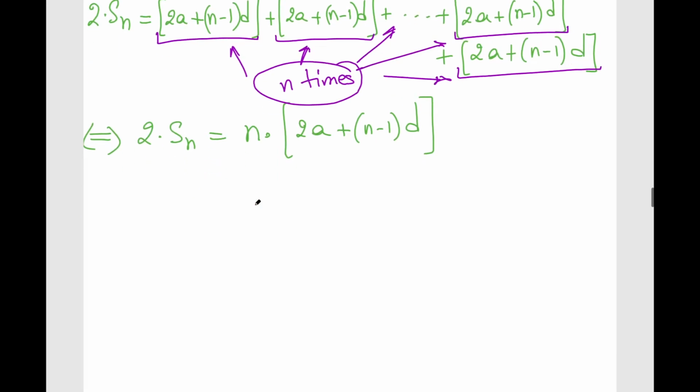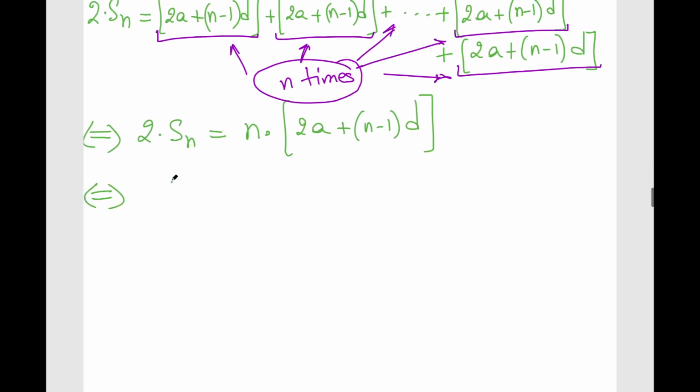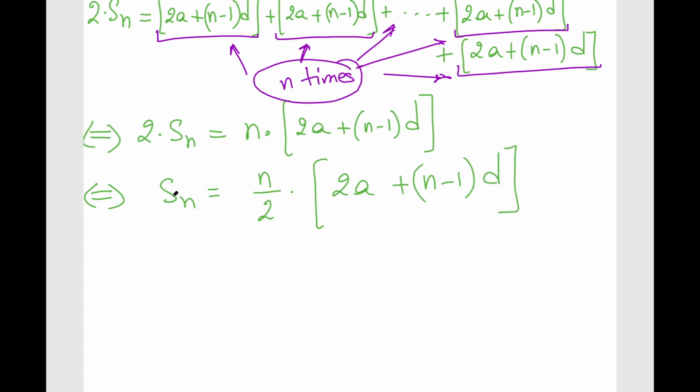And then this is the same as saying that Sn is equal to n over 2 times (2a plus (n minus 1)d). So the sum of the first n terms is nothing but this expression, correct? In the previous context, a was 1 and d was 1, and we were talking about S sub 100.